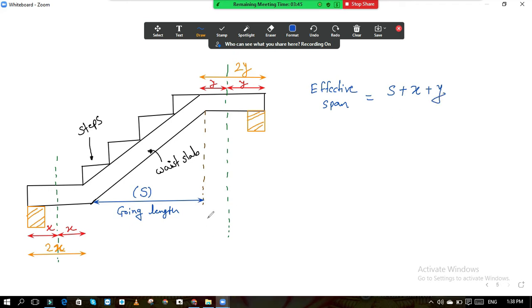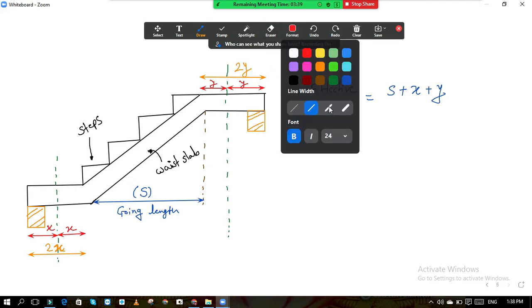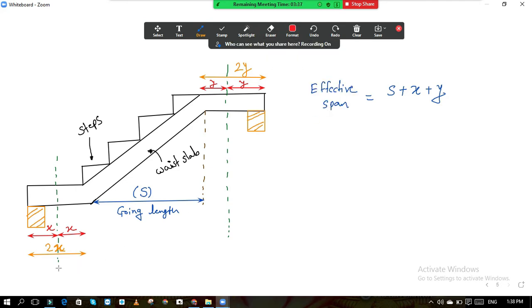If I draw your effective span over here, this will be your effective span from this point to this point, that is L effective.